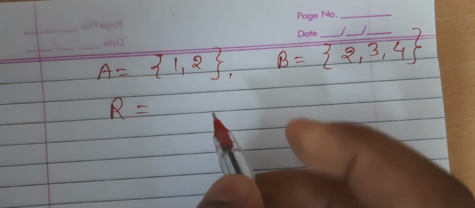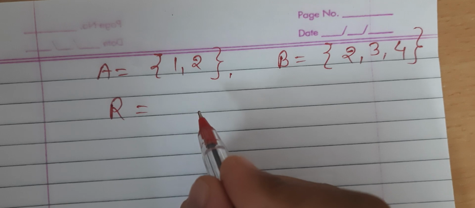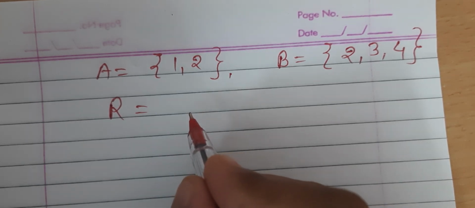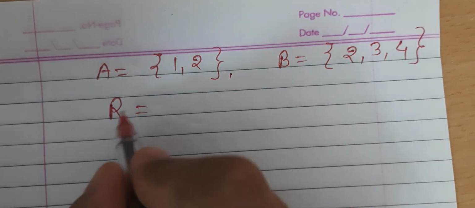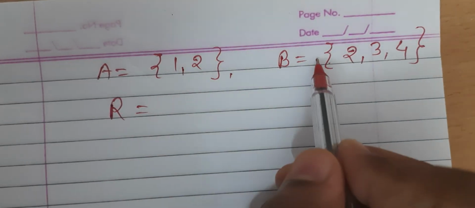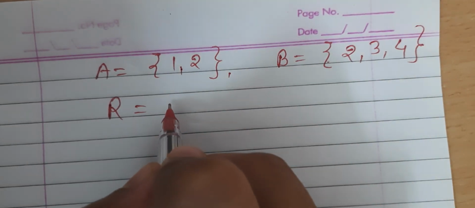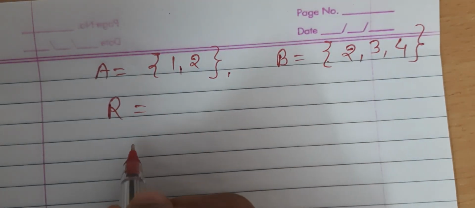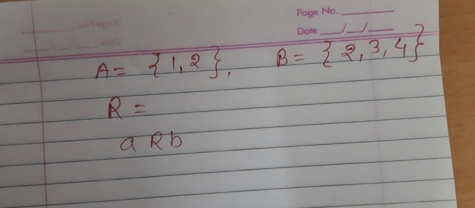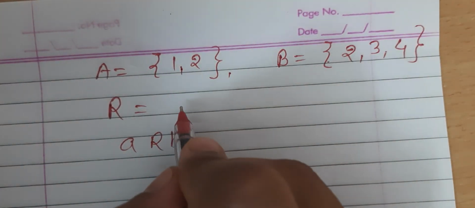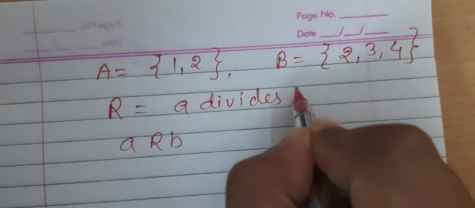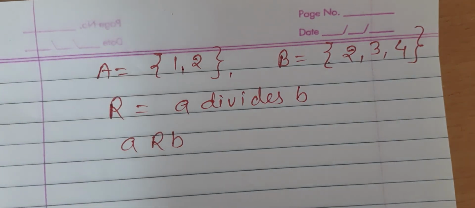So R is a relation by the rule of how they are related. So here, how are the elements of these two sets related? A is related with B. We'll write mathematically how this A is related with another element B. So here A divides B. Now see how.